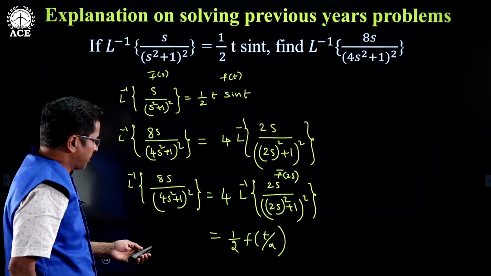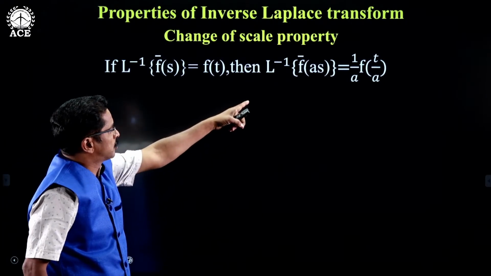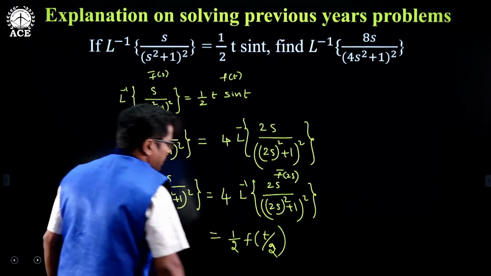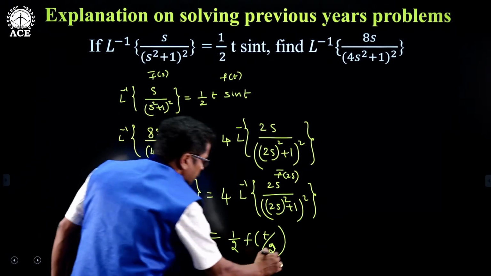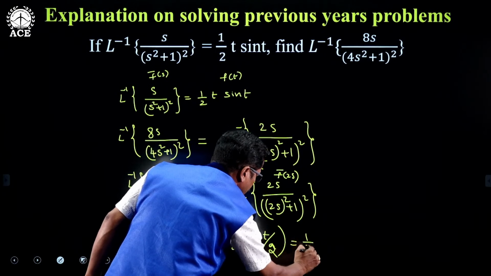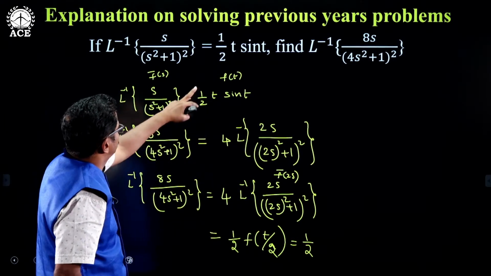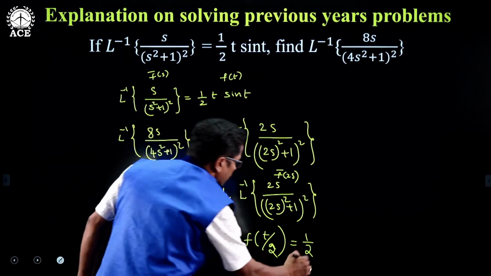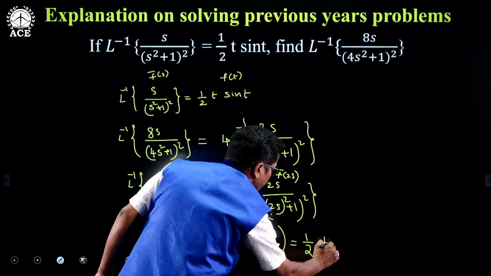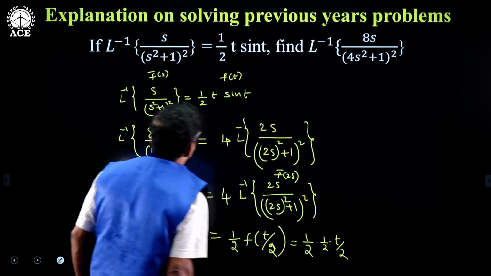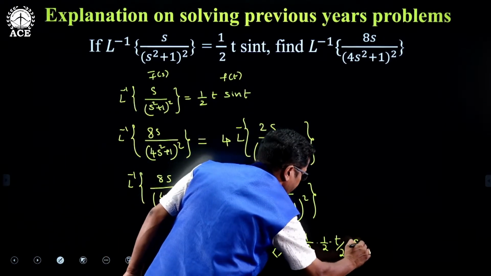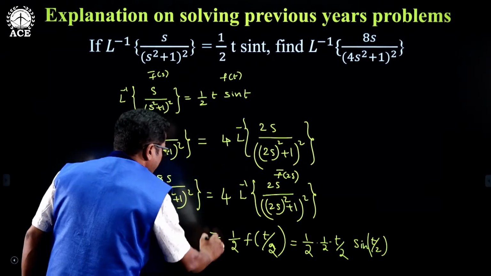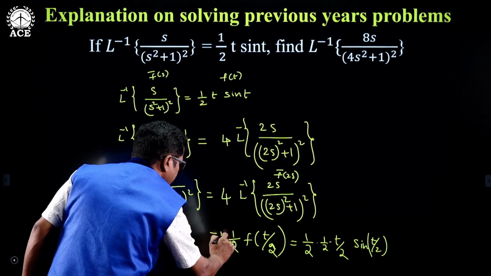So f of t by 2, which is equal to 1 by 2 into t by 2 into sin t by 2. And here multiplication by 4 is there, that I am writing here.